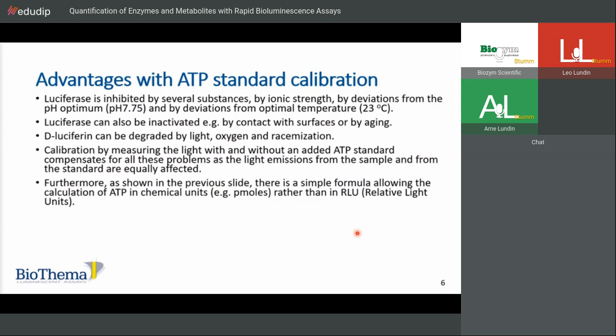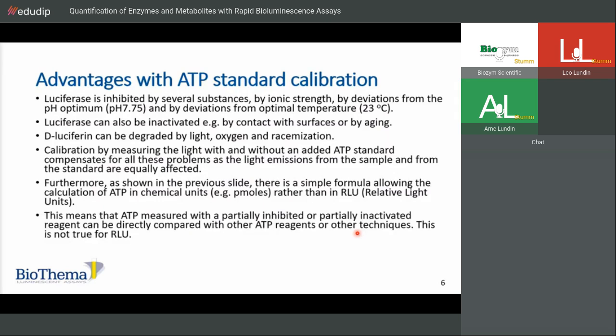Furthermore, as shown in the previous slide, there is a simple formula allowing the calculation of ATP in chemical units, for example picomoles, rather than in RLU, relative light units. This means that ATP measured with a partially inhibited or partially inactivated reagent can be directly compared with other ATP reagents or other techniques.